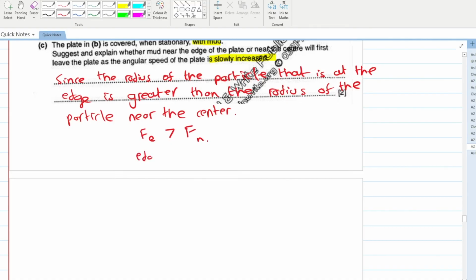Hence, the edge particle will fly off. The particle at the edge will fly off. Simple as that. Nothing complicated.